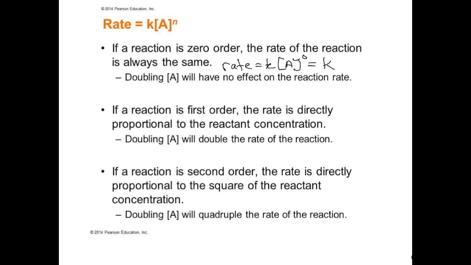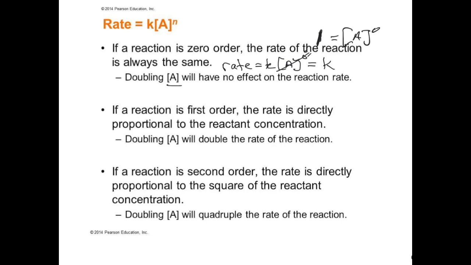I can do that because any number to the 0th power is 1, right? Any number to the 0th power is 1. So A to the 0th power is equal to 1. All right, that's what zero order means.